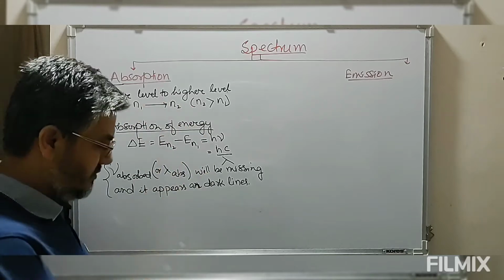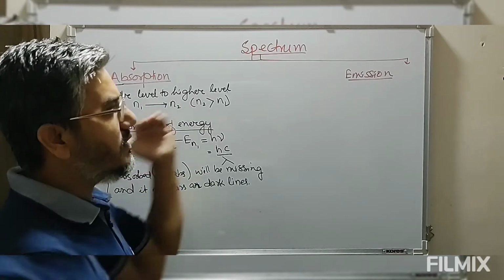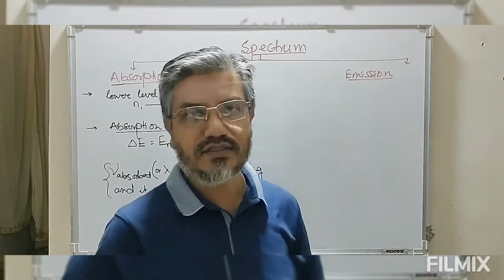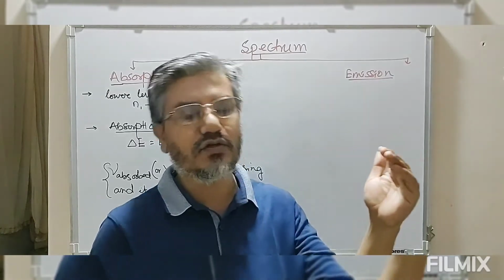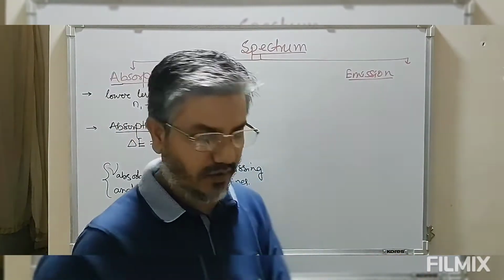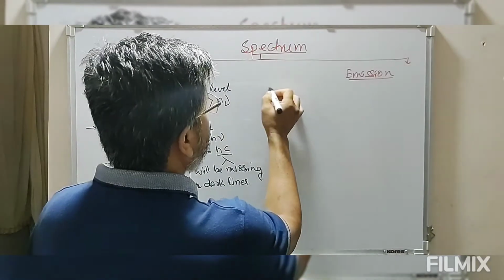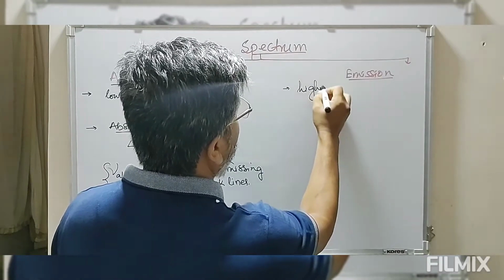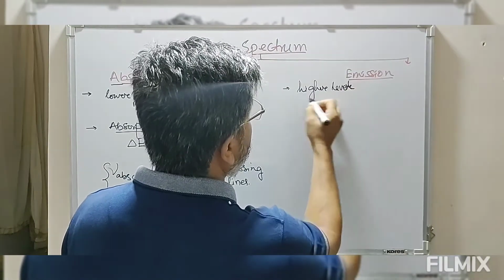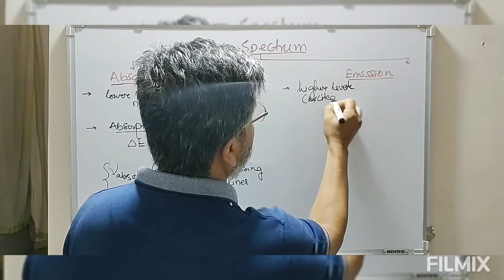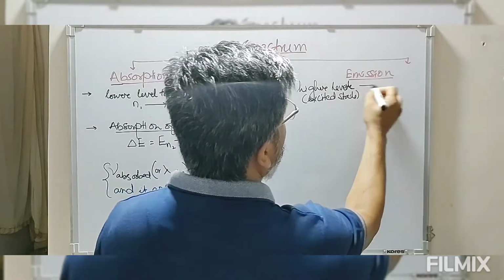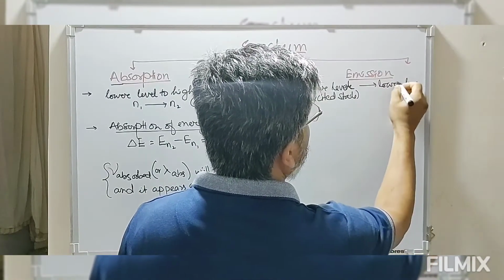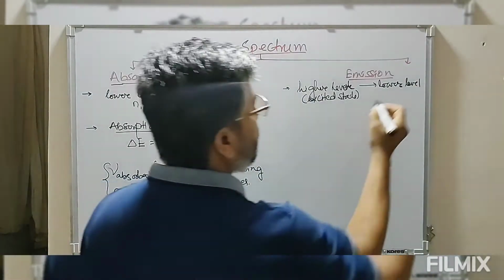instead of this absorption, first the electron is transferring from the lower level to the higher level. Then the higher level, having more energy, is less stable, so immediately the electron will try to come from the higher level to the lower level. So in this emission, the electron is coming from the higher level, that is known as the excited state, to the lower level.